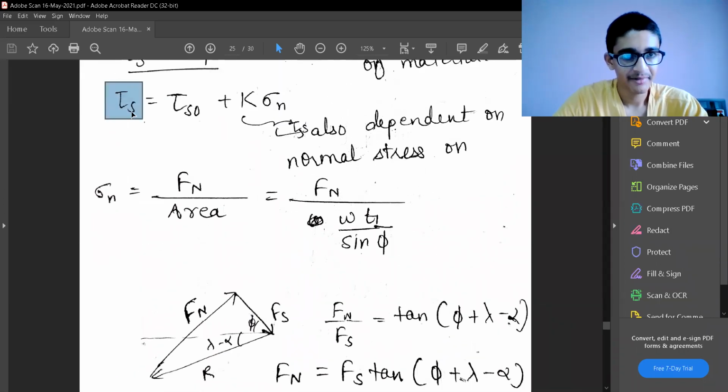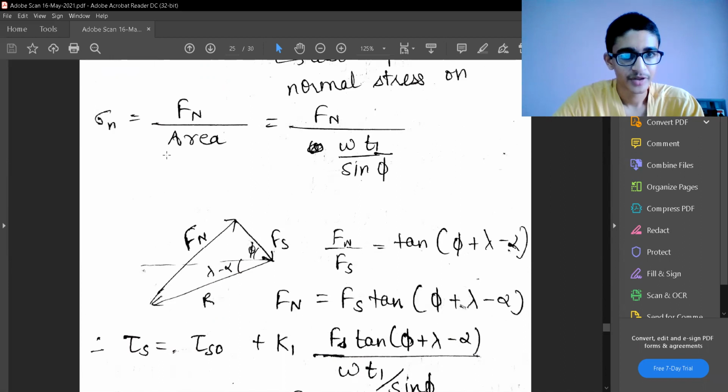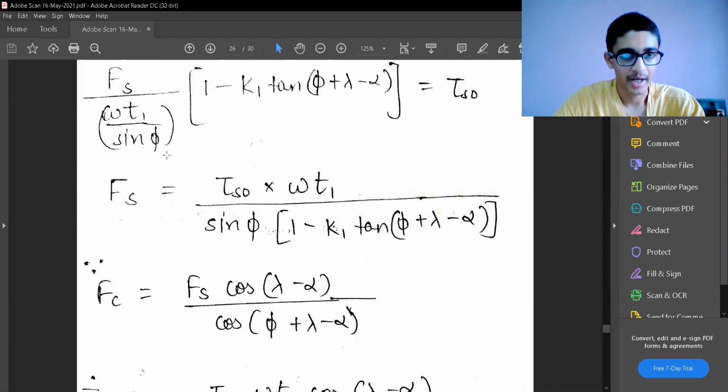But this tau S is some kind of actual shearing force which is applied, so that is higher. We need to have a better approximation of that shearing force or the shear strength.